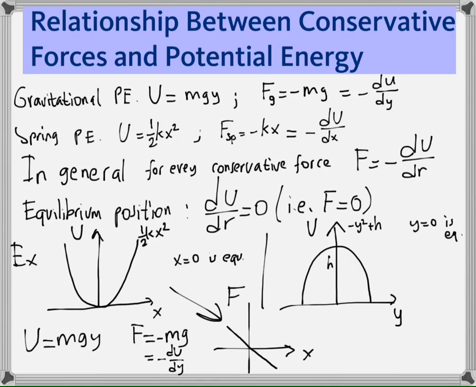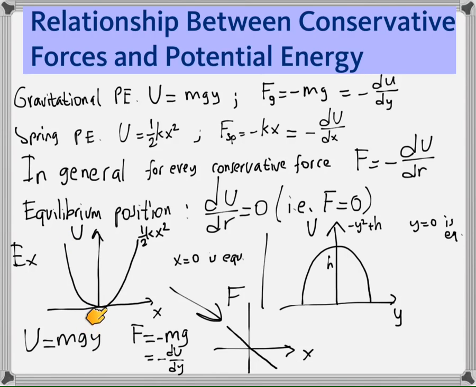Well, x equals 0 is the relaxed length of the spring. So for the case of a spring, this is a stable equilibrium point. You also observe that at this point, the derivative of U, the potential, is equal to 0.